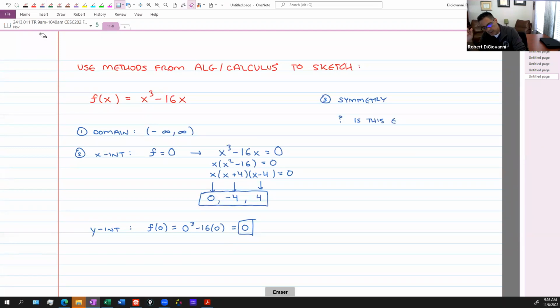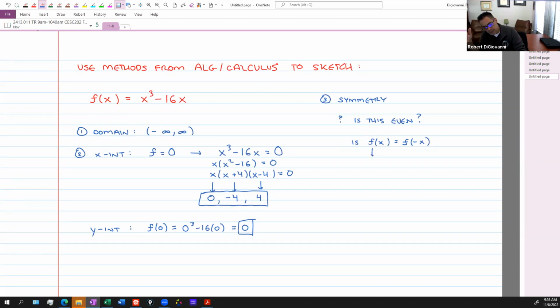Is it an even function? Right? So what does it mean to be even? I'm basically asking this, is f of x equal to f of negative x? That's the definition of an even function. So when I plug in x, do I get the same thing as when I plug in negative x?